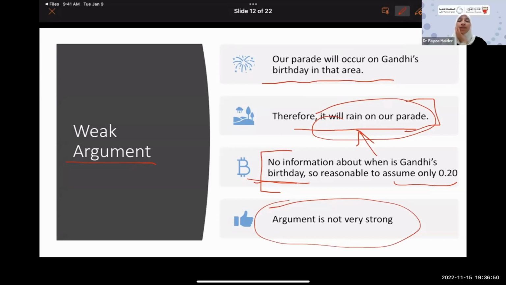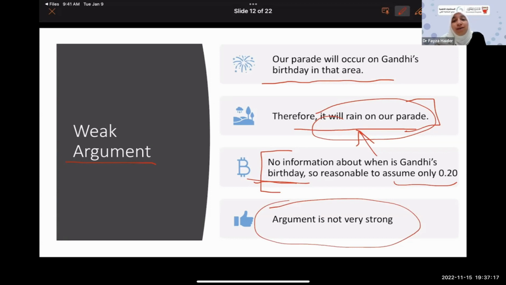But sir, can I just add something if possible? Okay, so the first premise says our parade will occur on Gandhi's birthday in that area. So how do we know? Again, we need to know the time of that, and if the premise in the initial one was correct regarding it raining in that area all the time.